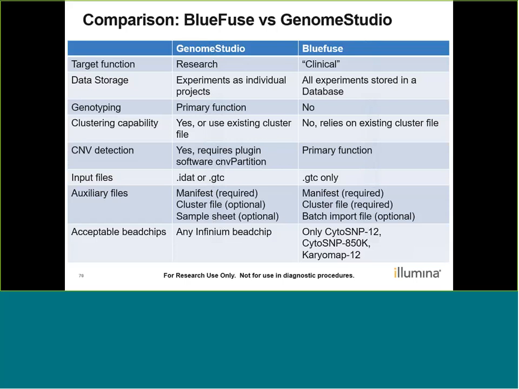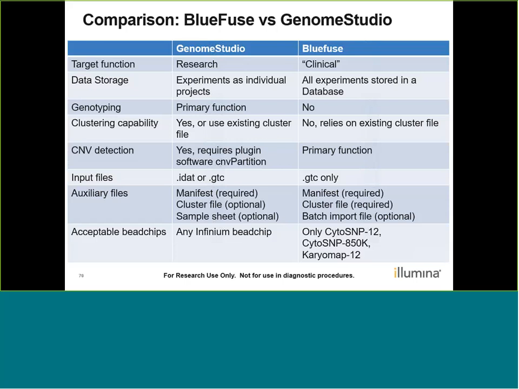To create a project in Genome Studio, a manifest is required, but the cluster file and the sample sheet are optional because you can always create a cluster file in Genome Studio. In BlueFuse, not only is the manifest required, but the cluster file is also required because BlueFuse does not perform clustering.